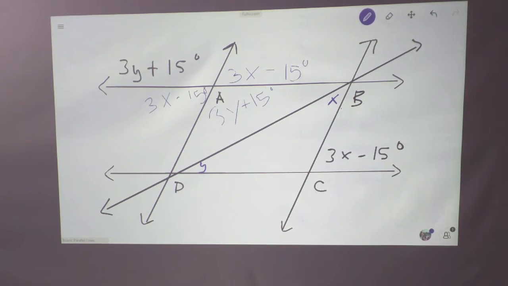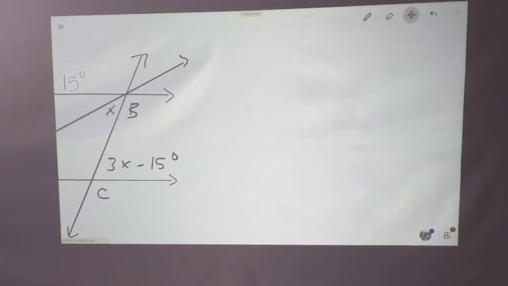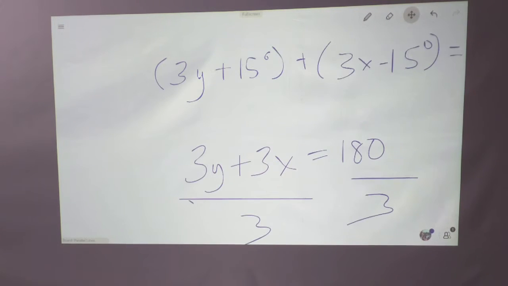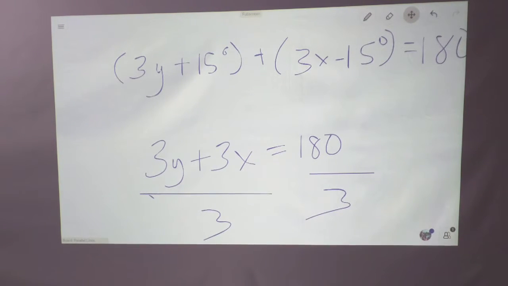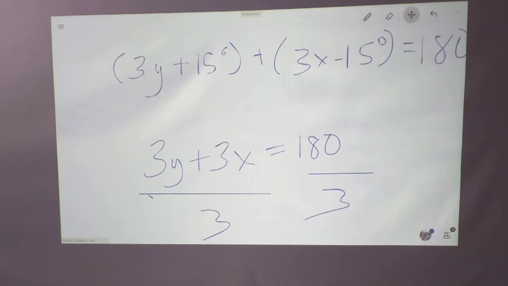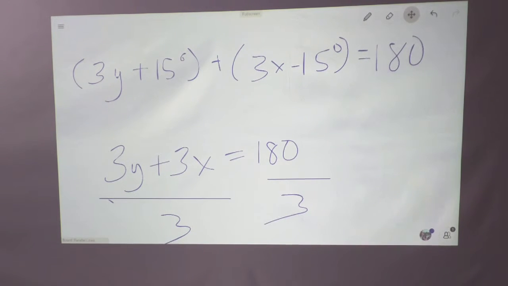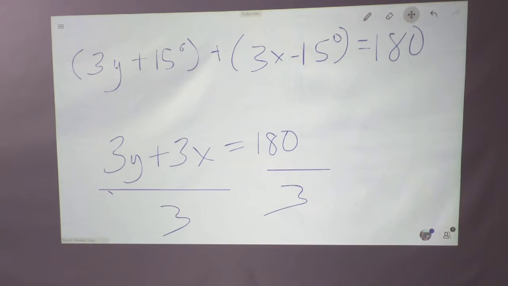So now we can write an equation from this. Since 3y plus 15 degrees is adjacent with 3x minus 15 degrees, we add the two, which is equal to 180 degrees. So let's simplify these out. 3y plus 3x, those aren't like terms, so we can't add them.